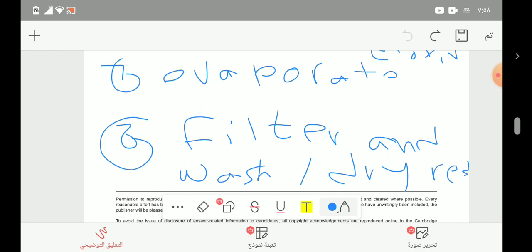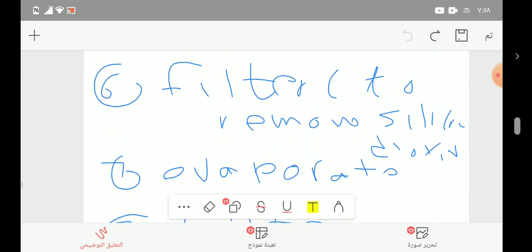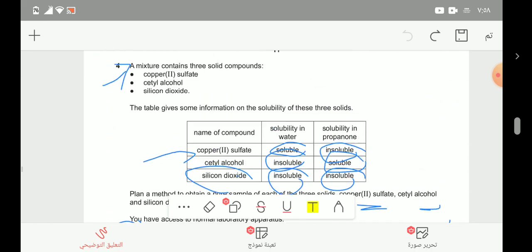Any steps you follow should be according to the solubility in those 3 solvents.